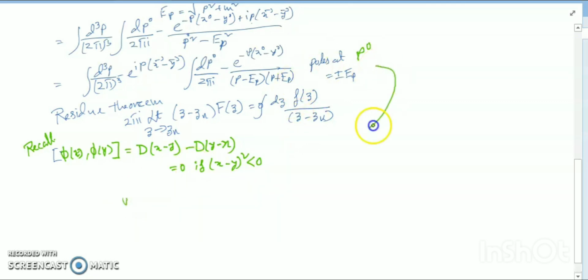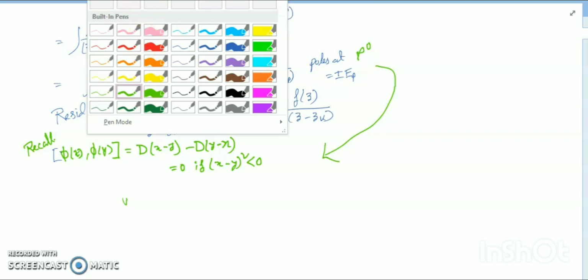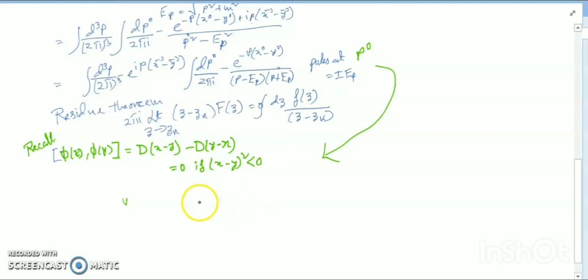In this case, again I just change my color. Color should be green. You have to remember that when x0 is greater than y0, we close the contour in the lower half plane.